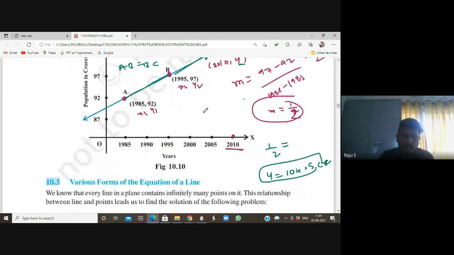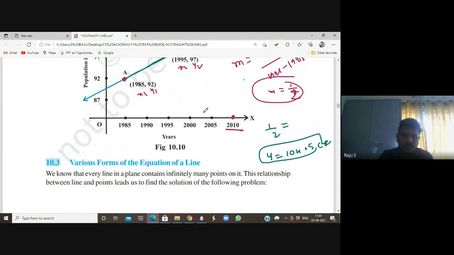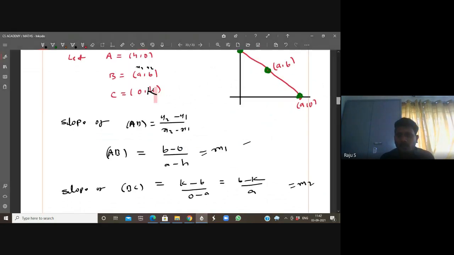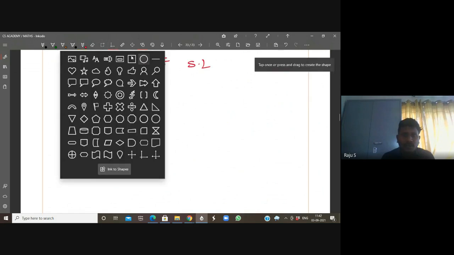This is about the last one. The next concept is very interesting: various forms of the equation of a line. I'm going to explain the different forms. Types of straight lines.